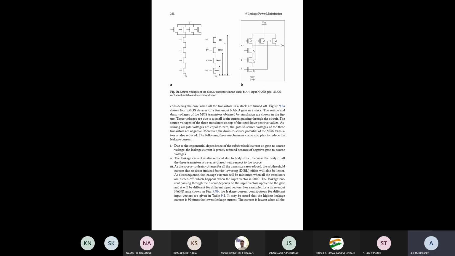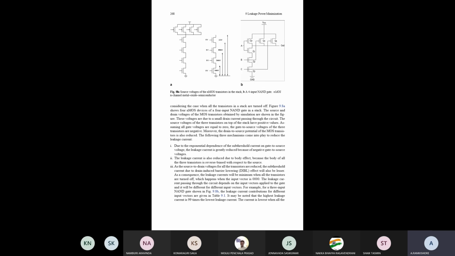Under this condition, whenever we give 0 input to the NMOS transistors, all four transistors will be in off condition, which means they act like an open circuit. These four transistors will be in turn off mode.